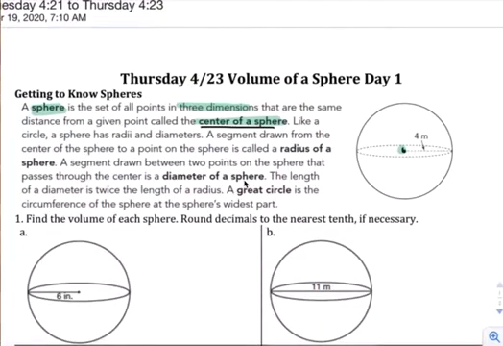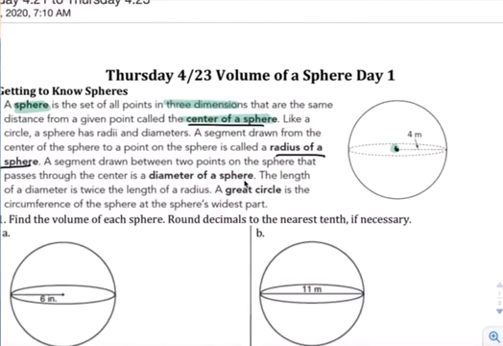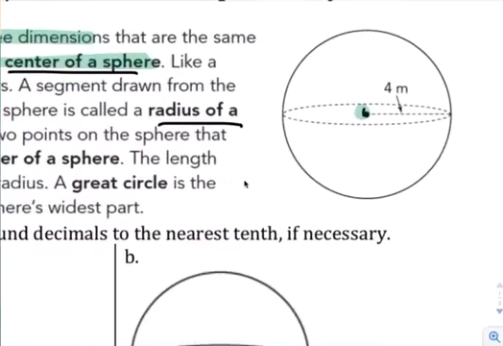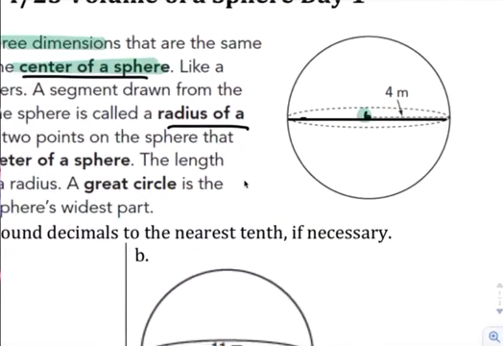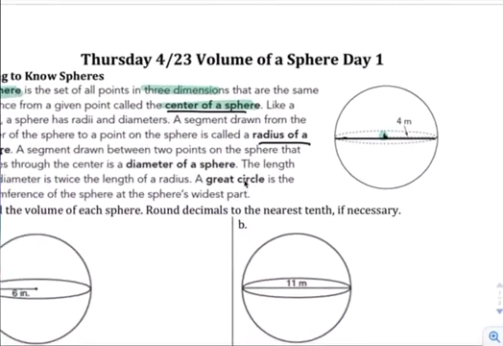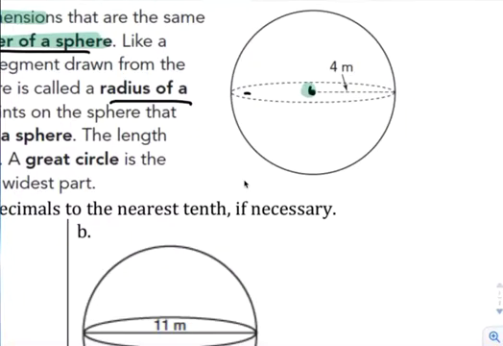The radius of a sphere is right here. Now, this is the diameter of a sphere, right? And the great circle, this is the great circle right here. This is at the middle of the ball.